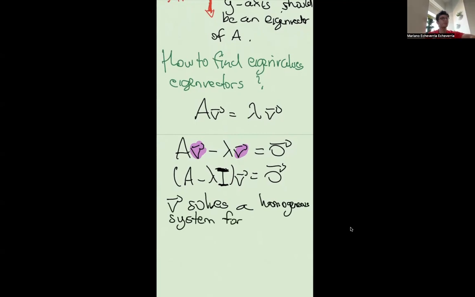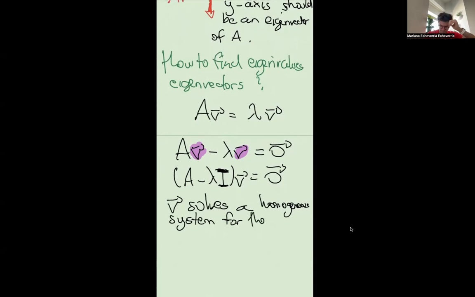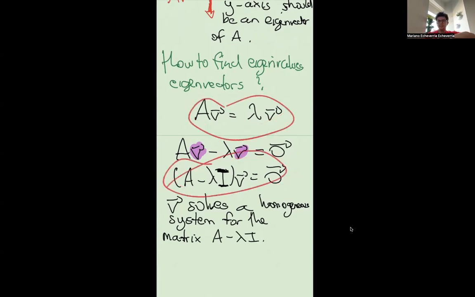Usually a homogeneous system is for the matrix A. This is not a homogeneous system for the matrix A, but for the matrix A minus lambda I. So far so good up to this point. Again, finding an eigenvalue or eigenvector is the same as solving this homogeneous system.